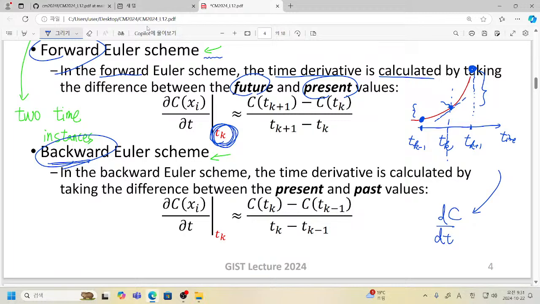Simply speaking, this backward Euler is the left limit of our derivative, and this one is the right limit of our derivative.